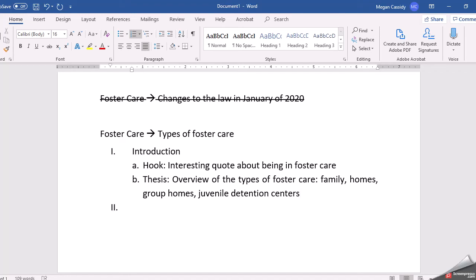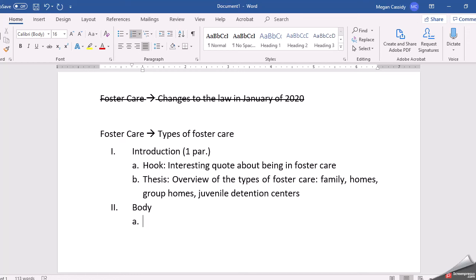Then my first point in the body of my essay, my introduction probably here is going to be about 1 paragraph. And then I'm going to have the body. Sometimes people think of the letters as paragraphs, and you can do that if you want 1 letter for each paragraph.